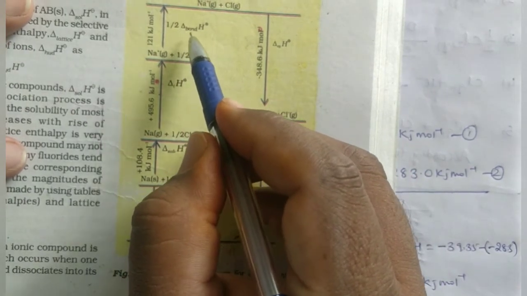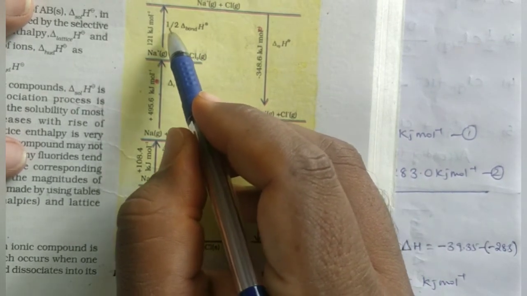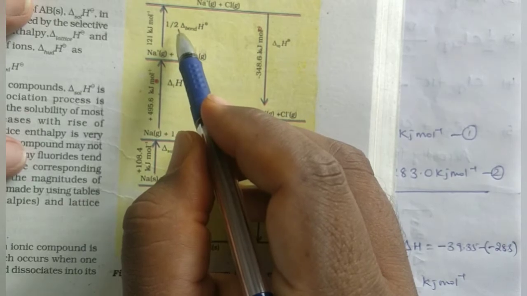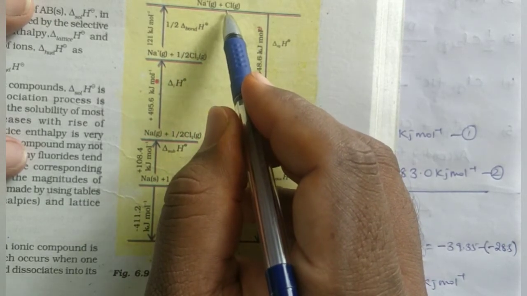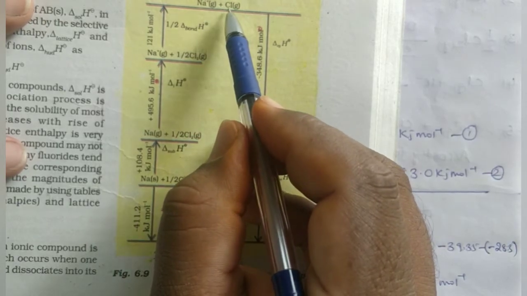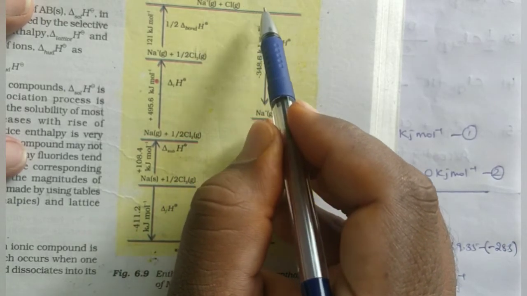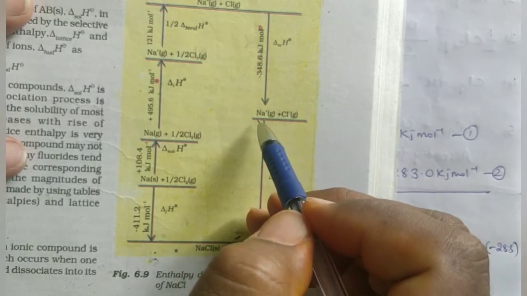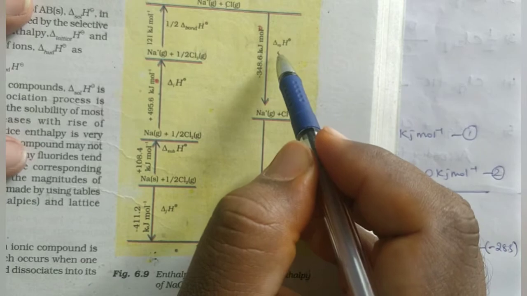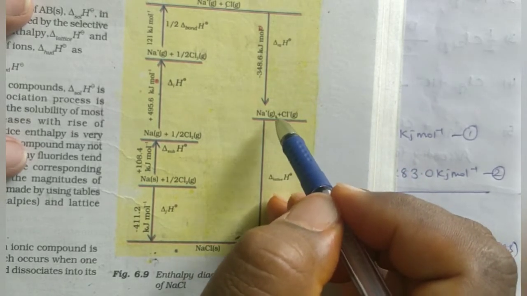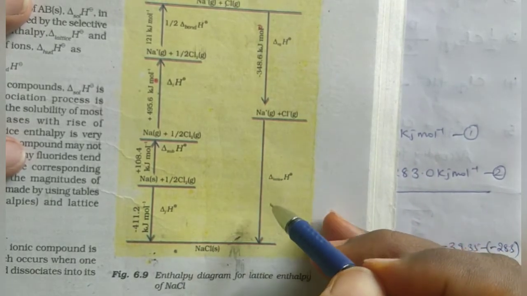See, delta bond 1 by 2 is nothing but dissociation energy by 2. By that, half Cl2 will become chlorine gas. Next, this chlorine gas will release energy to form Cl minus. Cl is going to lose energy by gaining one electron to form Cl minus. Na plus and Cl minus will form NaCl.